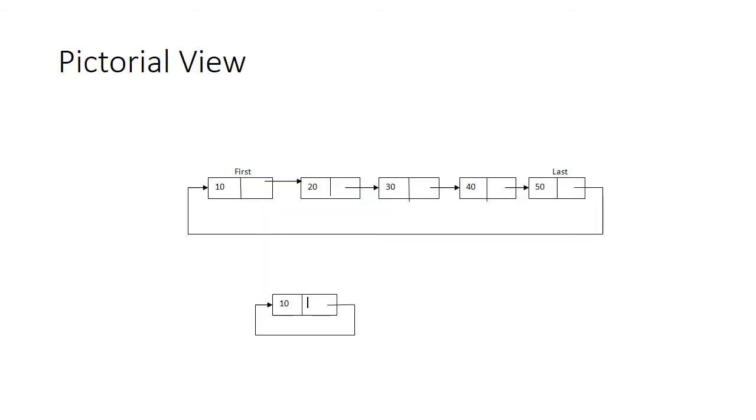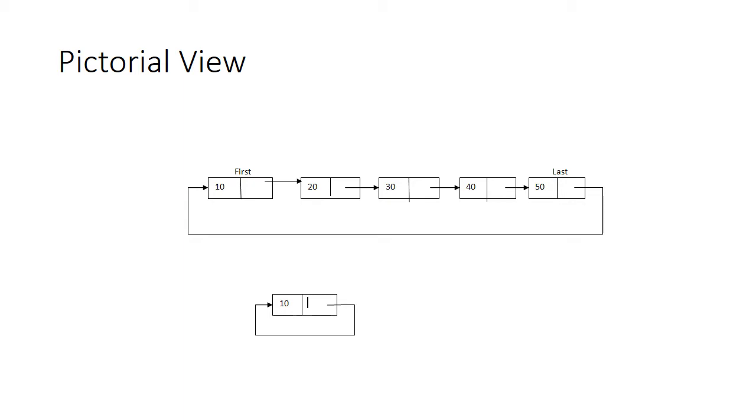Now here is the pictorial view. When I don't have anything in my list, no problem, I will display the status telling that the list is empty. But whenever I create a node in a circular list, and I enter the element in the data field of the new node, the pointer field of this node will point to itself, and this node itself becomes first as well as last.